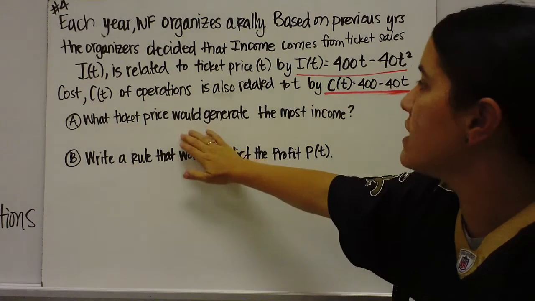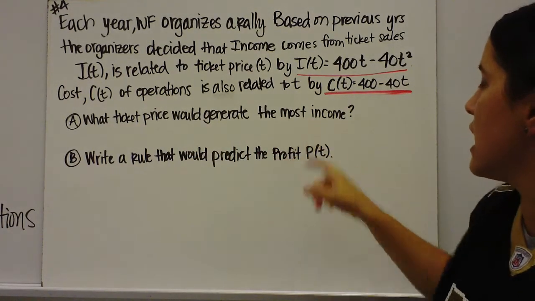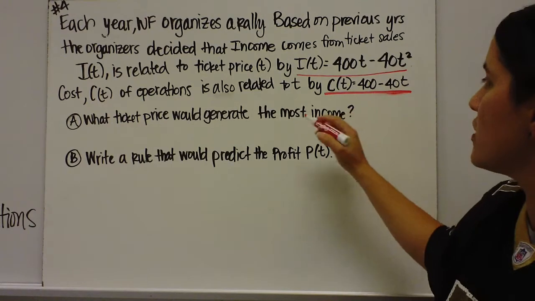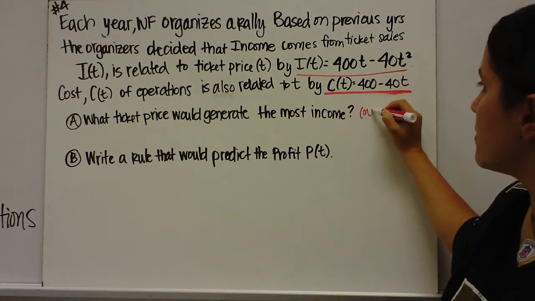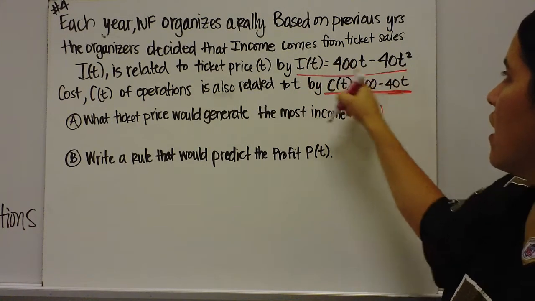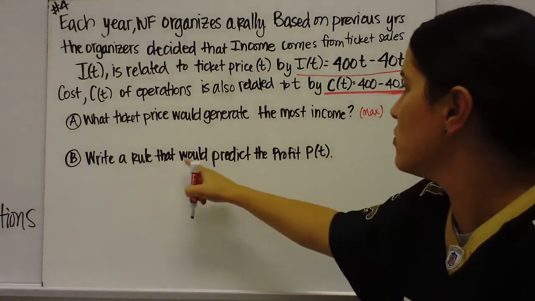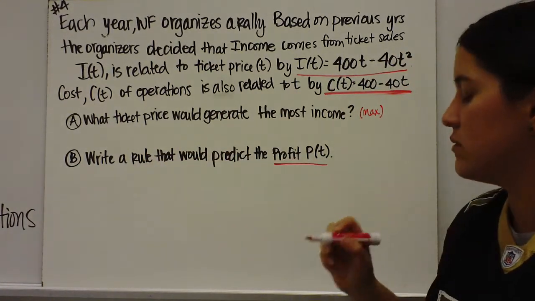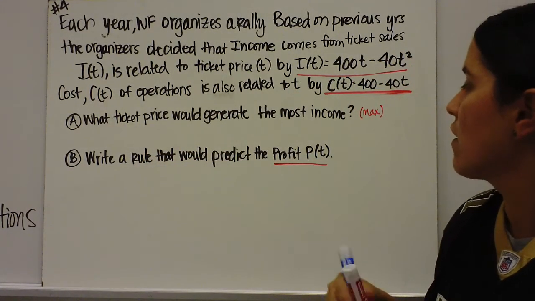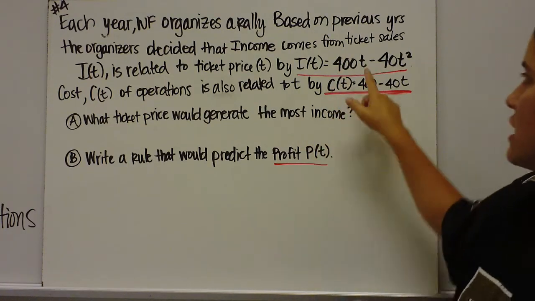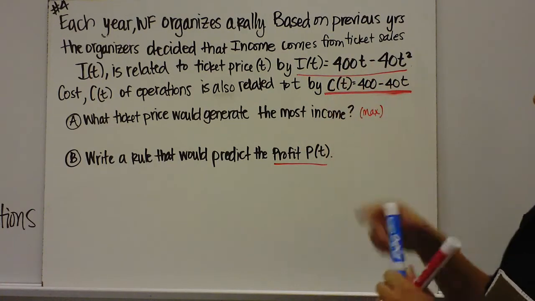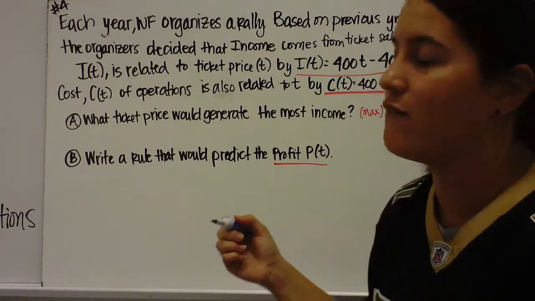So A, what ticket price would generate the most income? So we would need to find the maximum of the income. And then write a rule that will predict the profit. In this first one, we would need to find the maximum, so we would need to put it in vertex form.